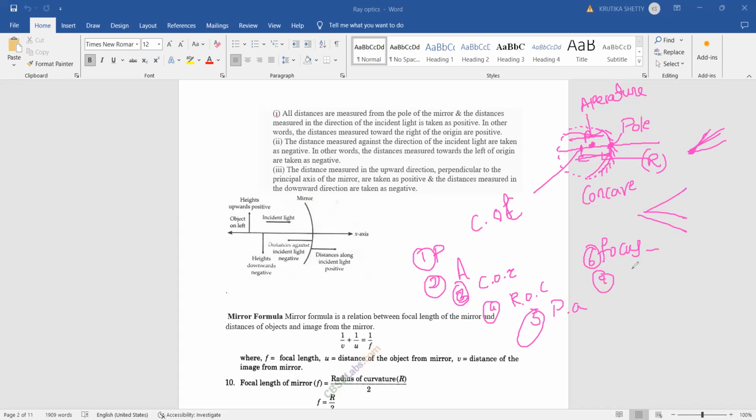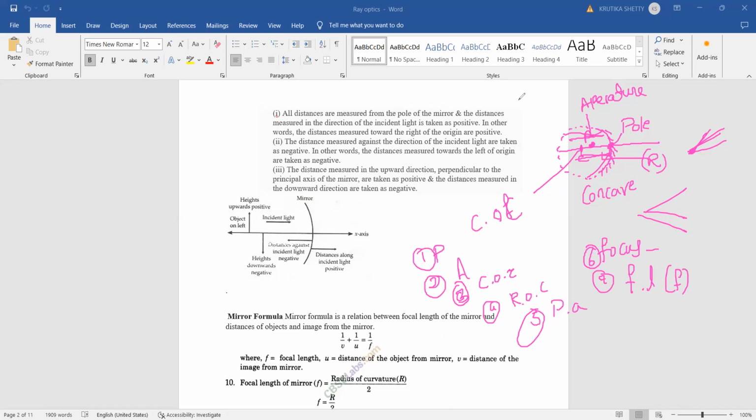The seventh definition is the focal length. So what is focal length? Focal length is the distance between the focus and the pole. Correct?